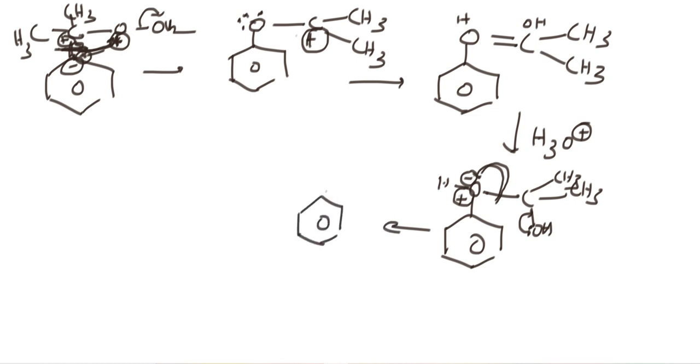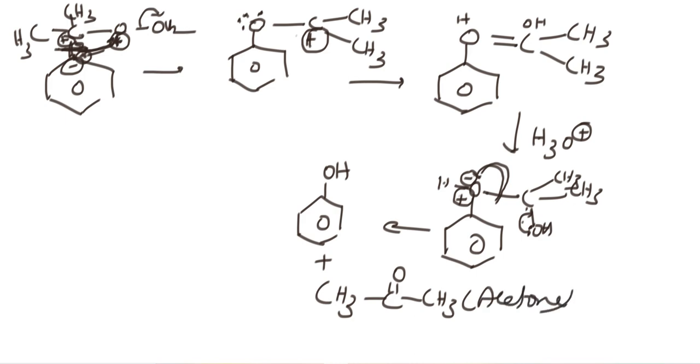Then the final product is phenol, and what is forming here? A double bond is forming. So CH3, C double bond O, CH3. This is acetone. So this is the pure mechanism and big mechanism. Just note it down. I hope it is clear and very simple. It is not so difficult.